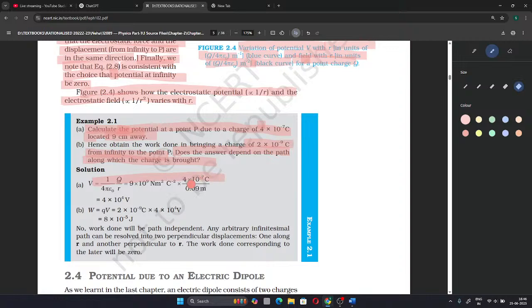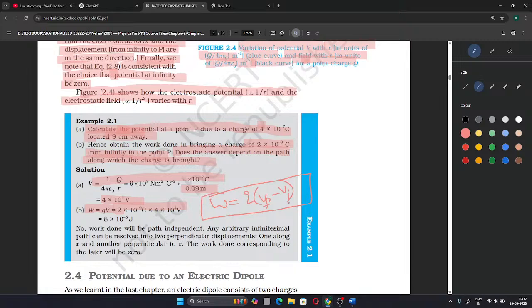Directly applying the formula, we get the answer, which is equal to 4 into 10 power 4 volt, where we use the formula W equals qV, where q is the charge we are moving, times the potential at the point where we are bringing it from infinity. But if we are bringing it not from infinity but from another potential, then the work done equals q times V at the final point minus V at the initial point.